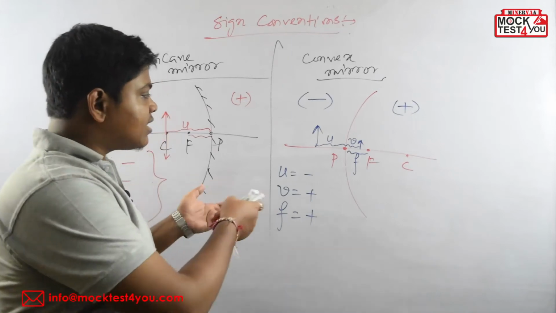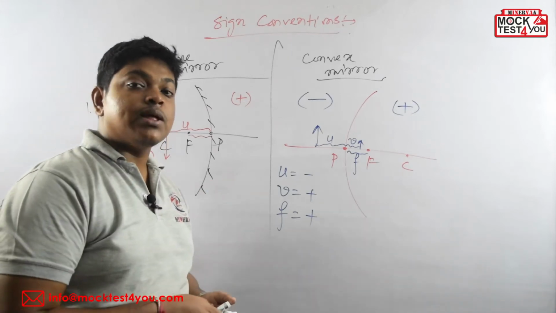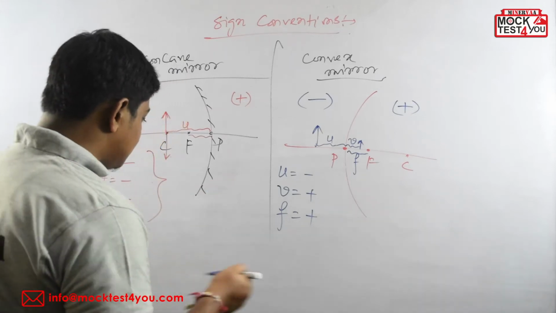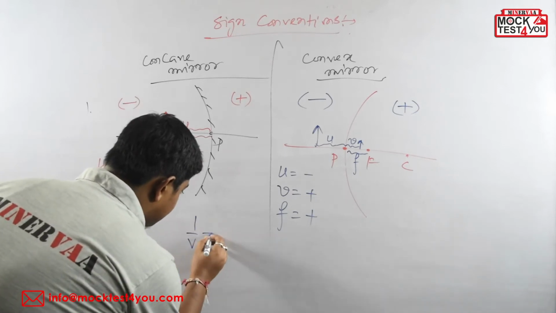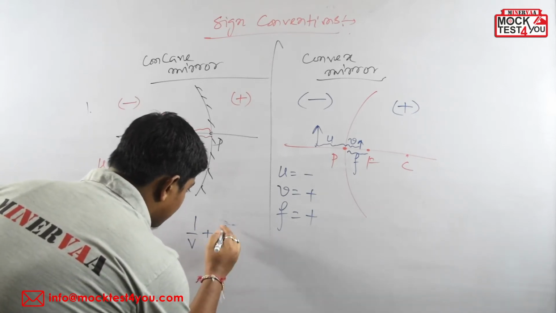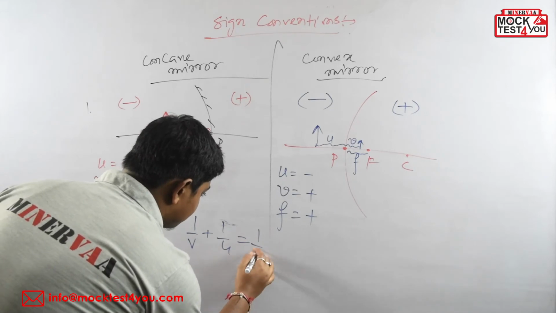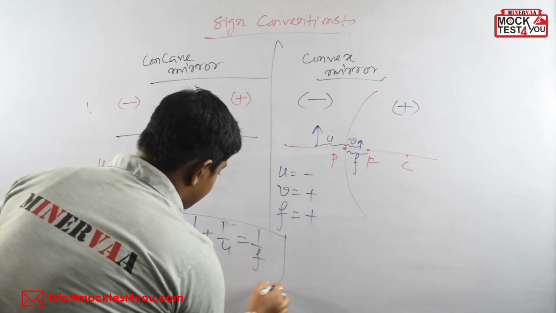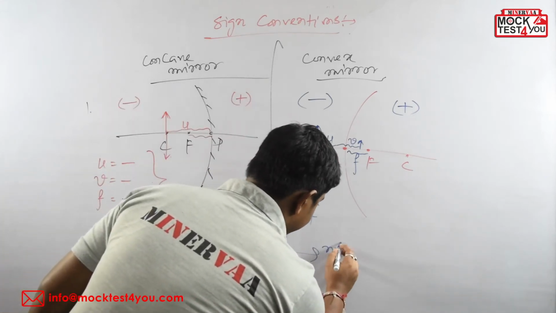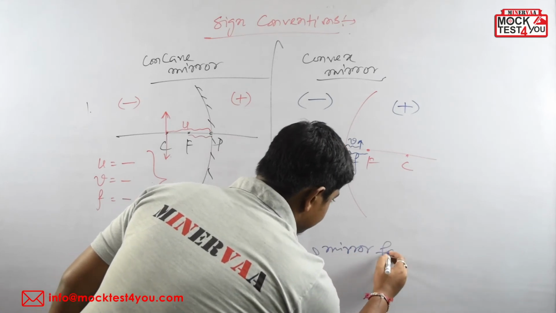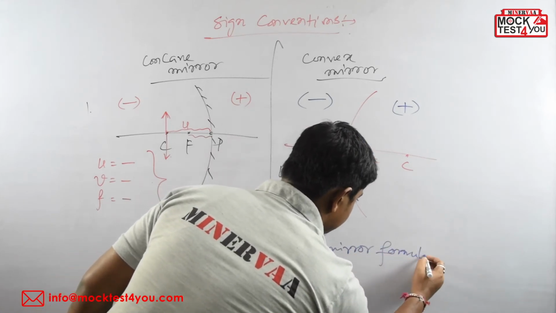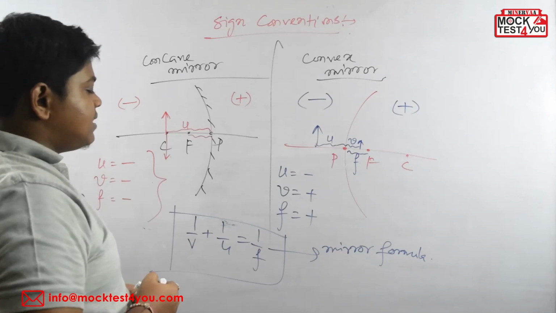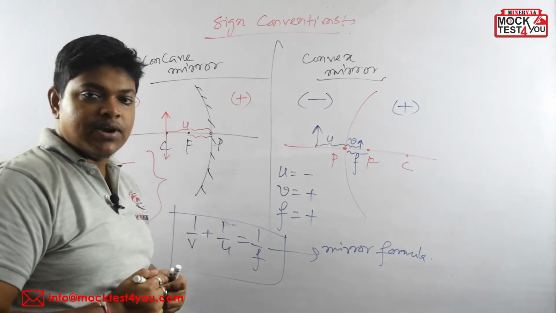Now what will we do with the sign conventions? We should know the mirror formula. What's the mirror formula? The mirror formula is 1/v plus 1/u equals 1/f. That is known as the mirror formula, right? With the mirror formula, we will be able to calculate any quantity when two quantities are given to us.